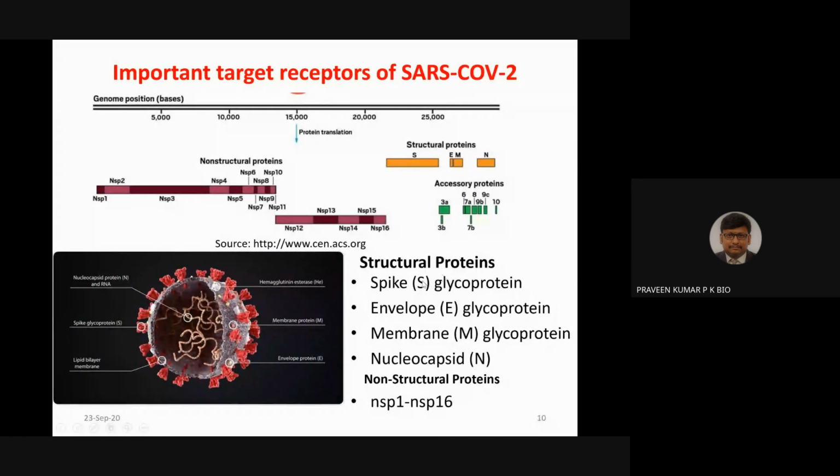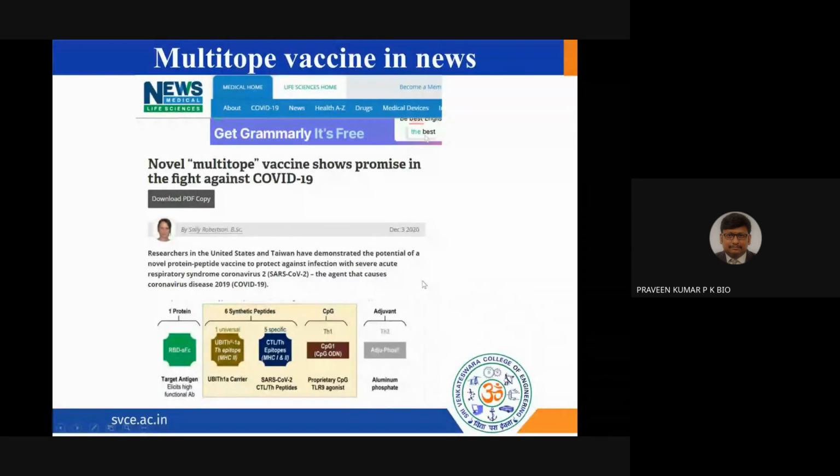So one has to know how to design the vaccine, how to select the target for a particular virus. If you see this multitope vaccine, COVAX, I mentioned to you, isn't it? That shows more than 99% efficacy. It is developed from nearly 6 synthetic peptides. One is universal, a helper T cell epitope, which targets MHC2.